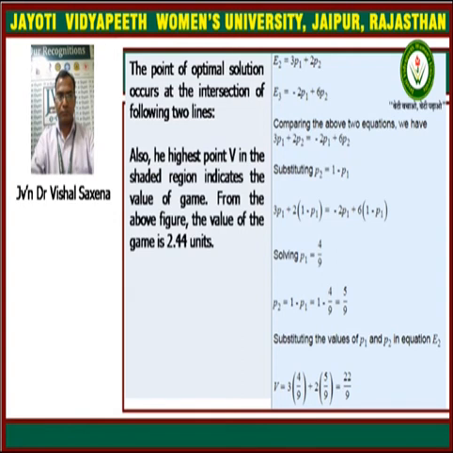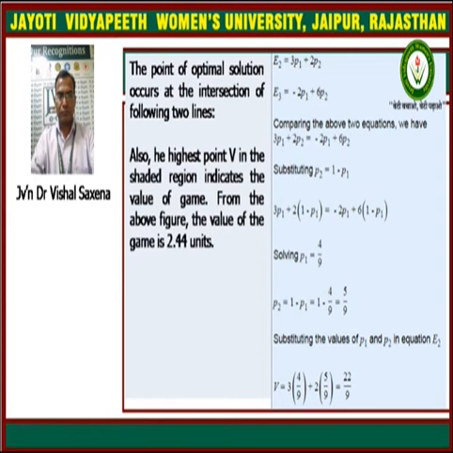Now we will find the value of the game by two methods, one of which is the graphical way. The height V in the shaded region indicates the value of the game, and from the above figure the value of the game is 2.44 units.